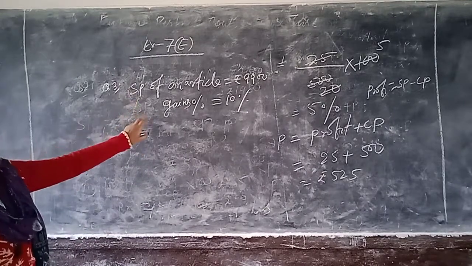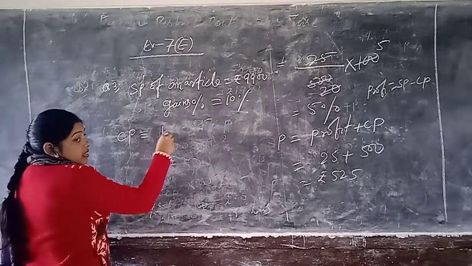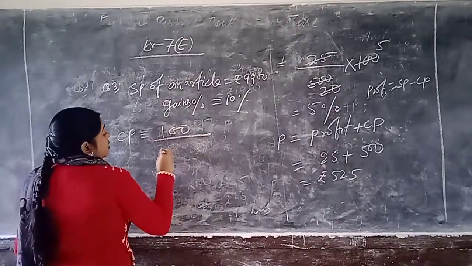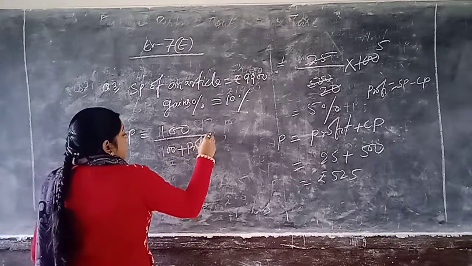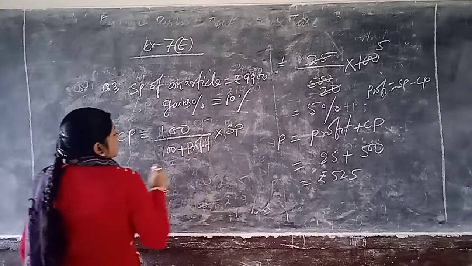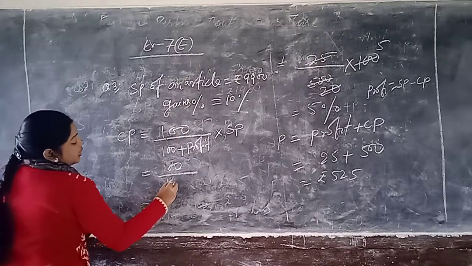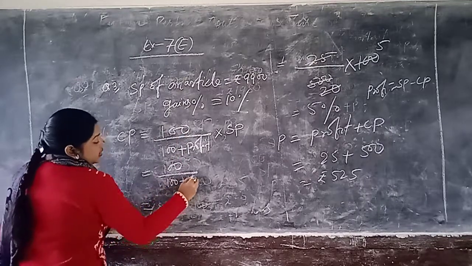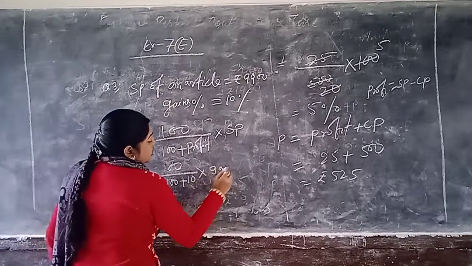So what is the formula of the cost price? When selling price and profit percent are given, cost price is 100 by 100 plus profit percent into SP. So 100 by 100 plus 10 into SP, which is given as 9,900.